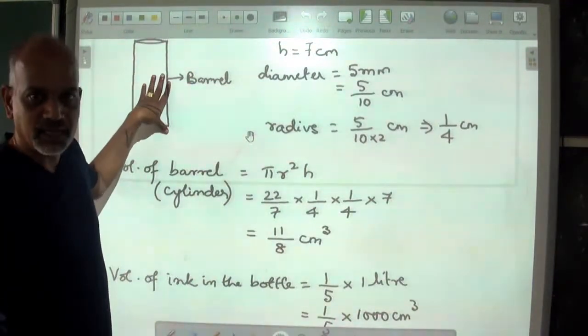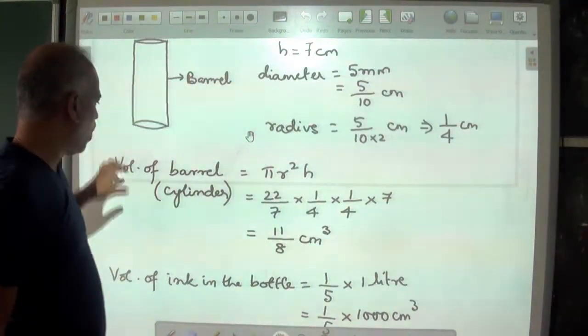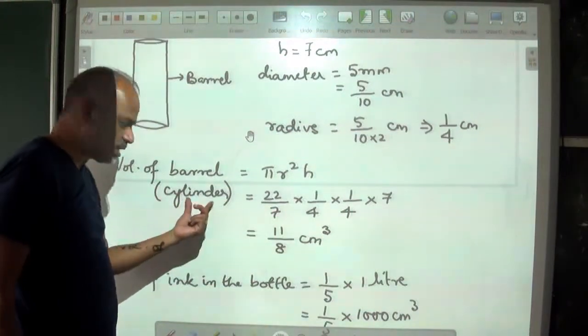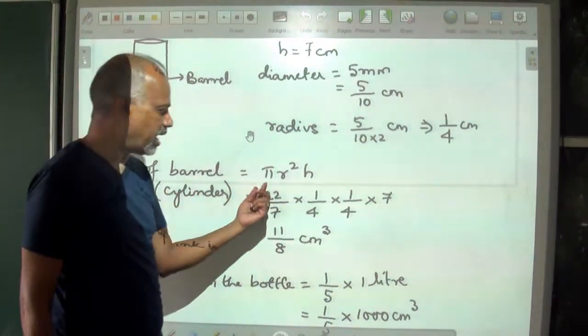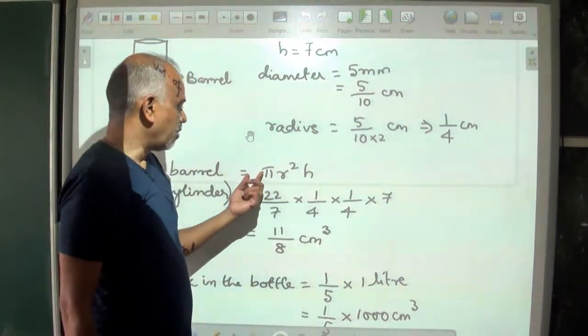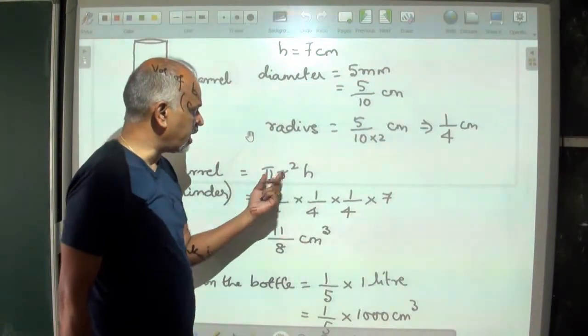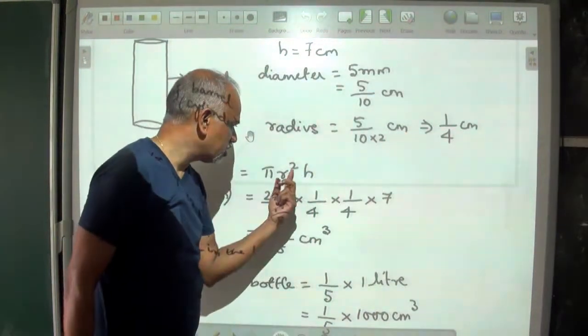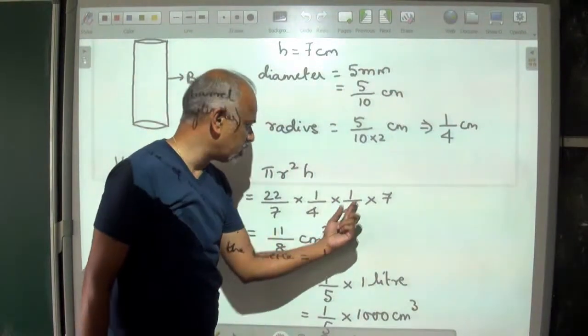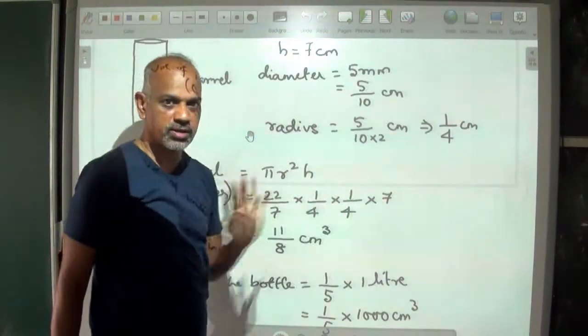So, this barrel is in the shape of a cylinder. Volume of the barrel, which is volume of cylinder, the formula is pi r squared h. Pi value is 22/7. Radius is 1 by 4, squared, into height 7.